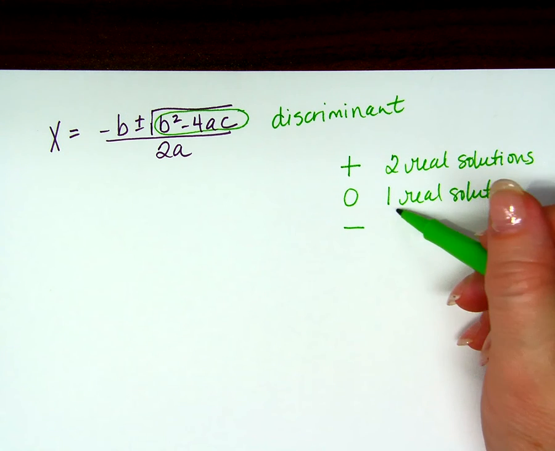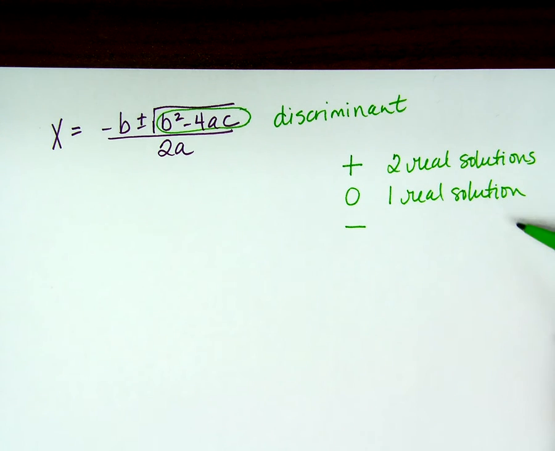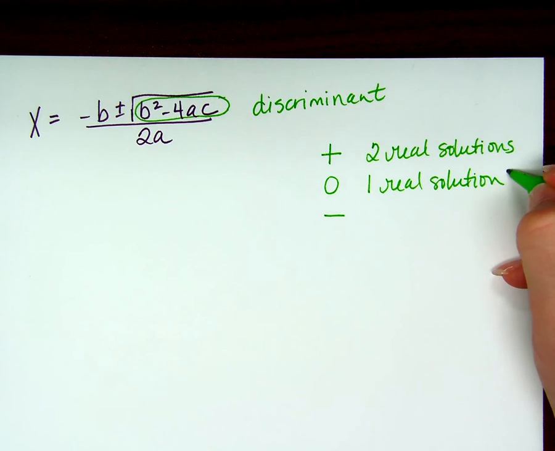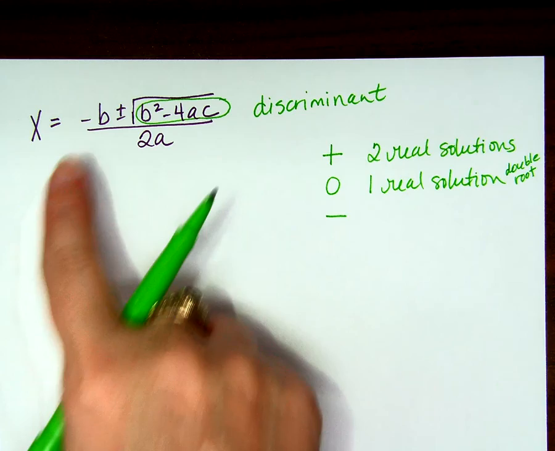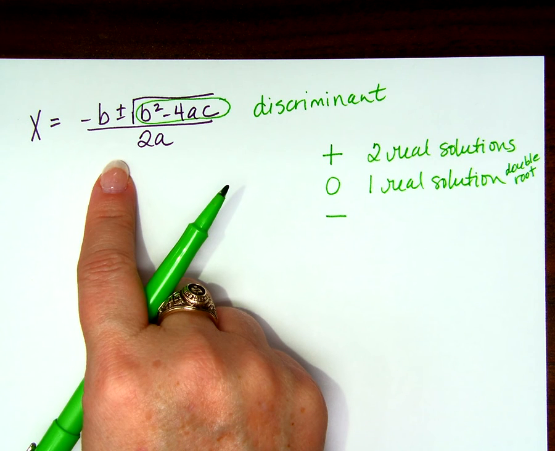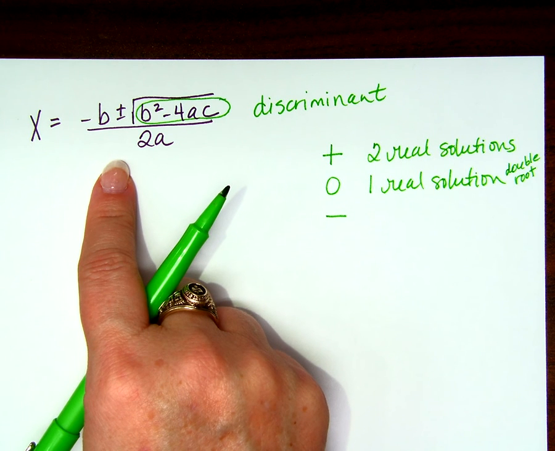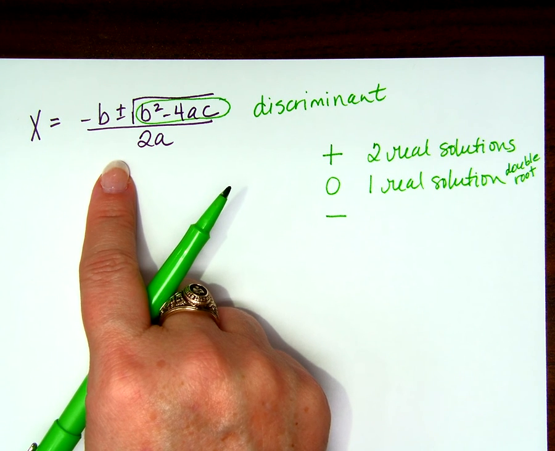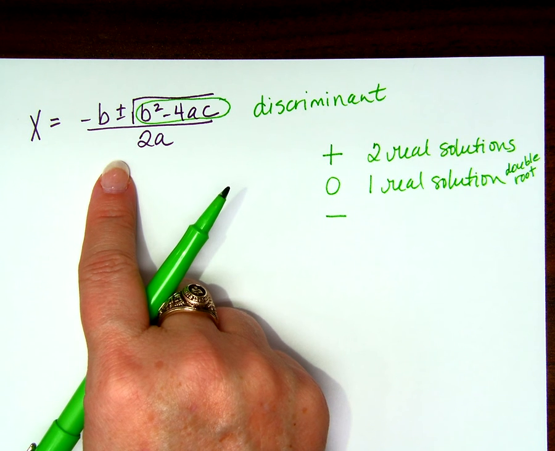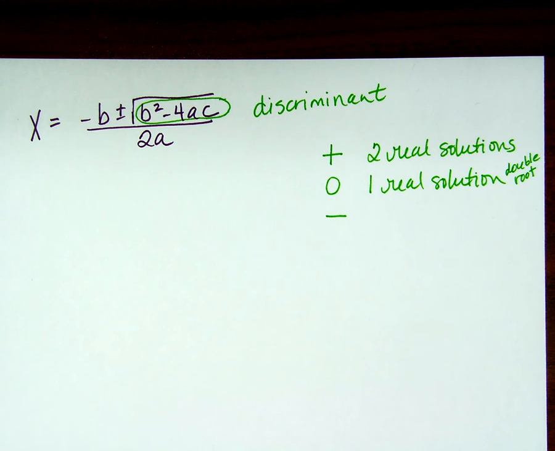Well, so to me it just seems weird that we would just get 1 real solution. So what I want you to remember is that that is called a double root. When you solve the actual quadratic formula, you do get 2 answers. They're just the same one. You'll end up factoring something and getting like x minus 2 times x minus 2. So your solution is 2, you just got it twice. Does that make sense? And it's a double root.